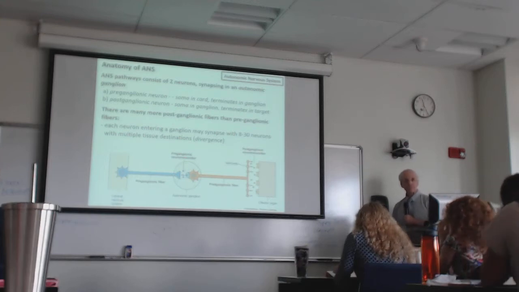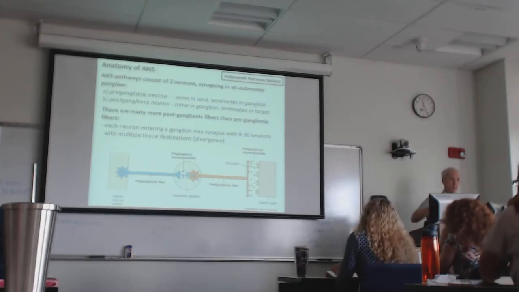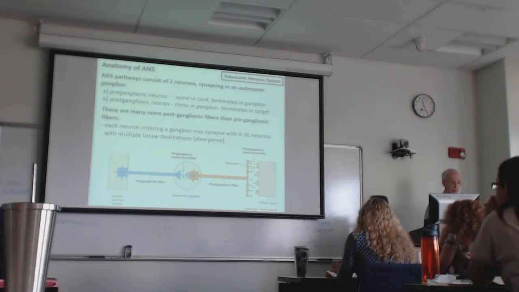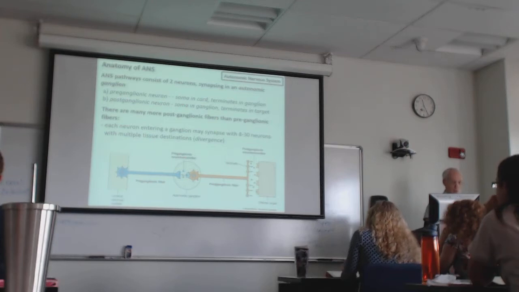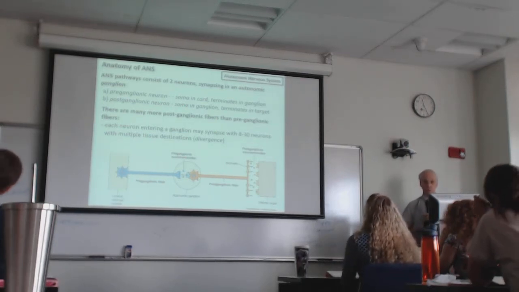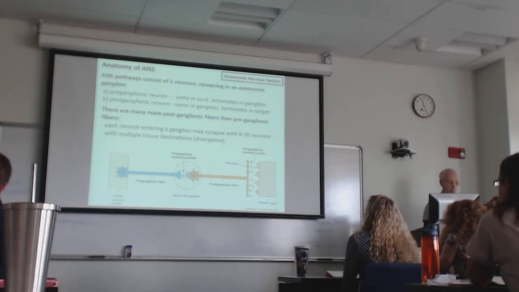Can you repeat that one more time? Yes. There are going to be a few exceptions, but the general model in all of these autonomic circuits, especially sympathetic, is that there are two neurons in the pathway between the cord and the effector. They hook up at an autonomic ganglion.